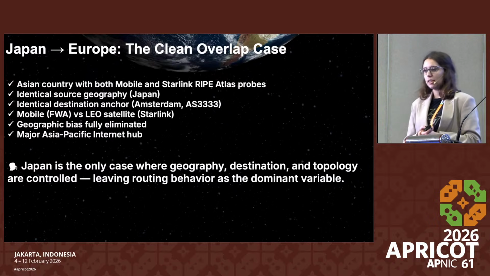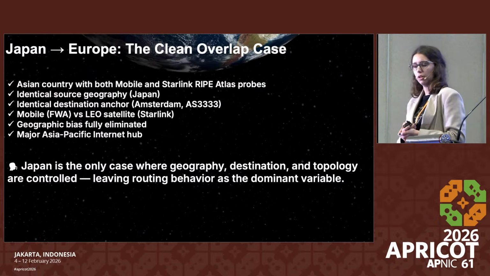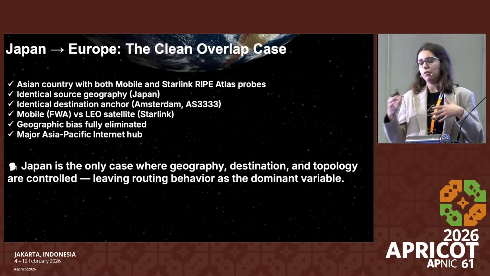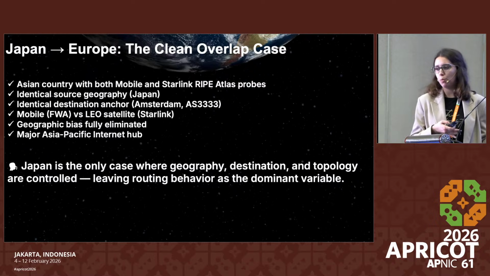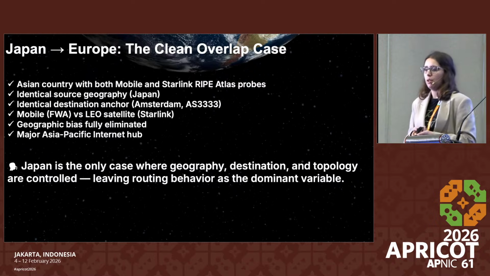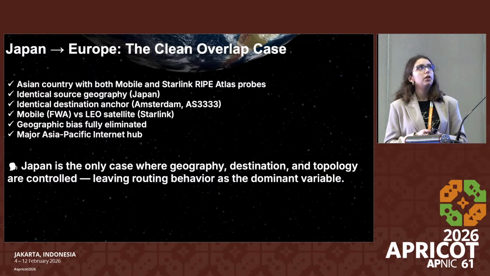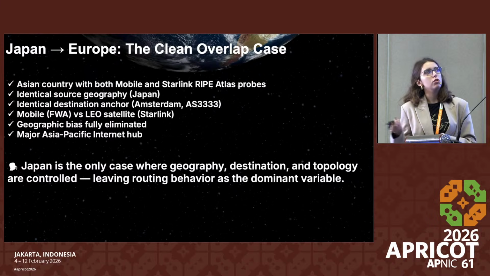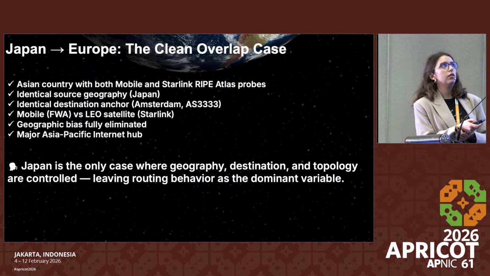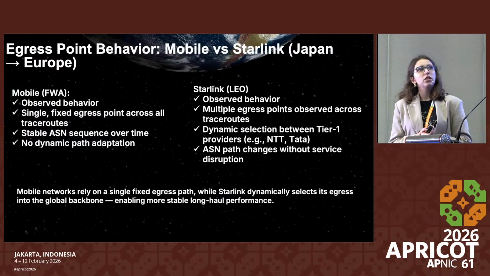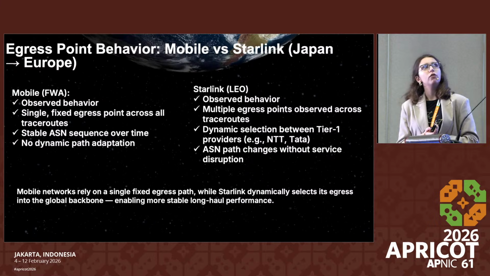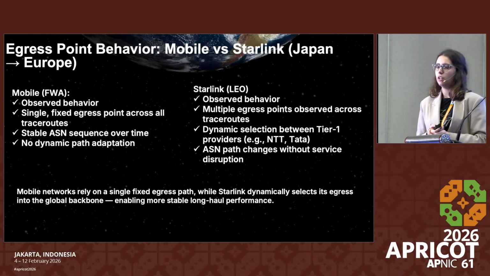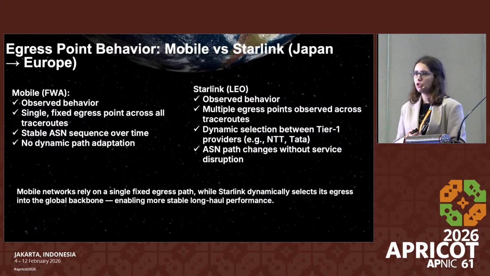And my last case is Japan, and I chose it because I have overlapping Starlink and mobile probes in the country, and I measure round-trip time to Europe, to Amsterdam, to RIPE NCC, and I chose Japan also because it's one of the major Asia-Pacific internet hubs. And the key observation of these measurements is that in the Starlink network the egress point changes day to day.